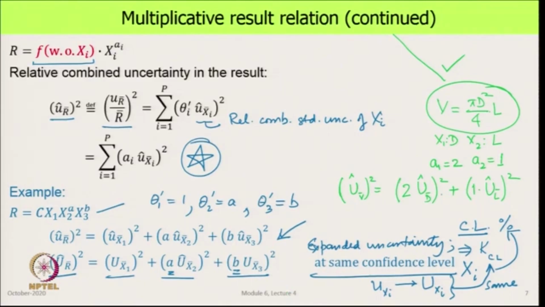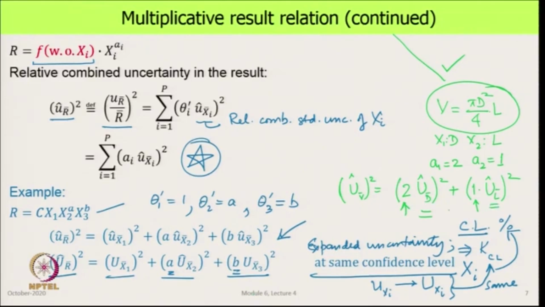And by looking at this, it tells you very quickly that uncertainty in diameter propagates twice as rapidly as uncertainty in the length. Actually, it is more than that because this is squared. So, uncertainty in diameter is going to be more important than uncertainty in the length.